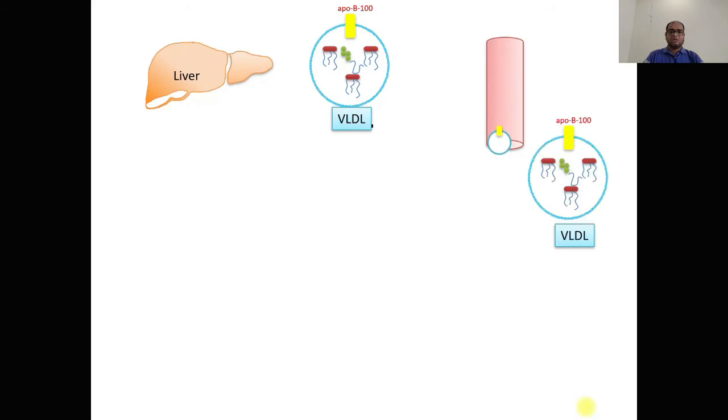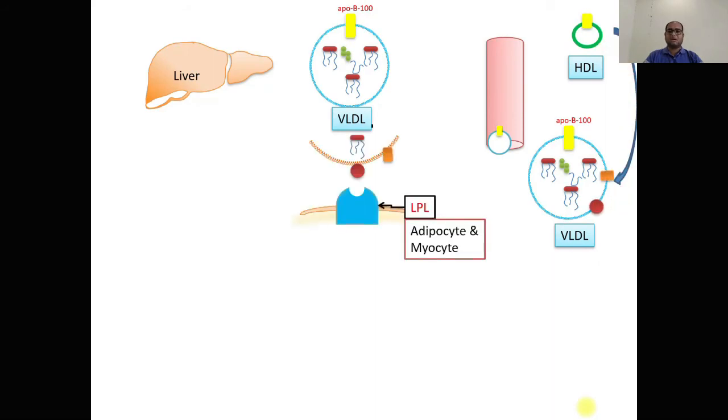Okay, so now what happens with VLDL is that the circulating HDL will provide it with ApoC as well as ApoE. Now based on this ApoC and E, lipoprotein lipase, which is present on the adipocyte or myocyte, will attach.